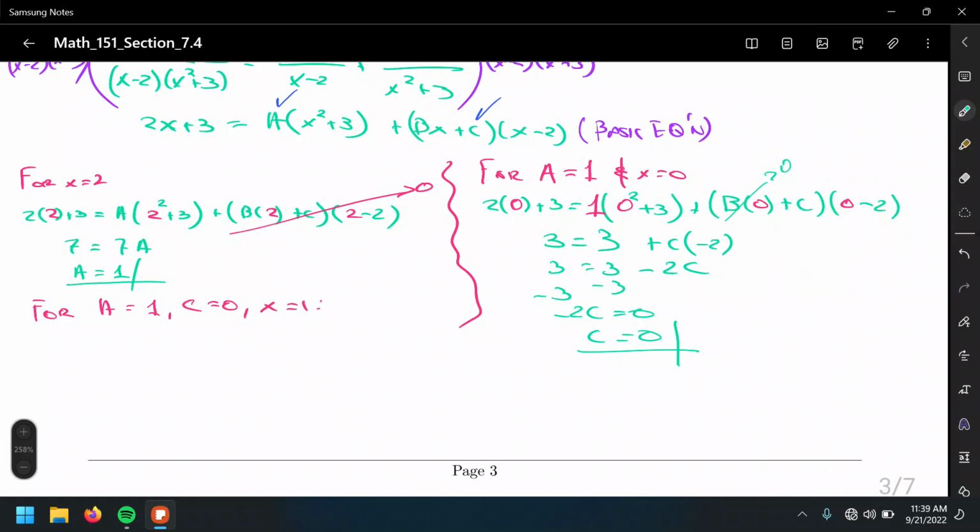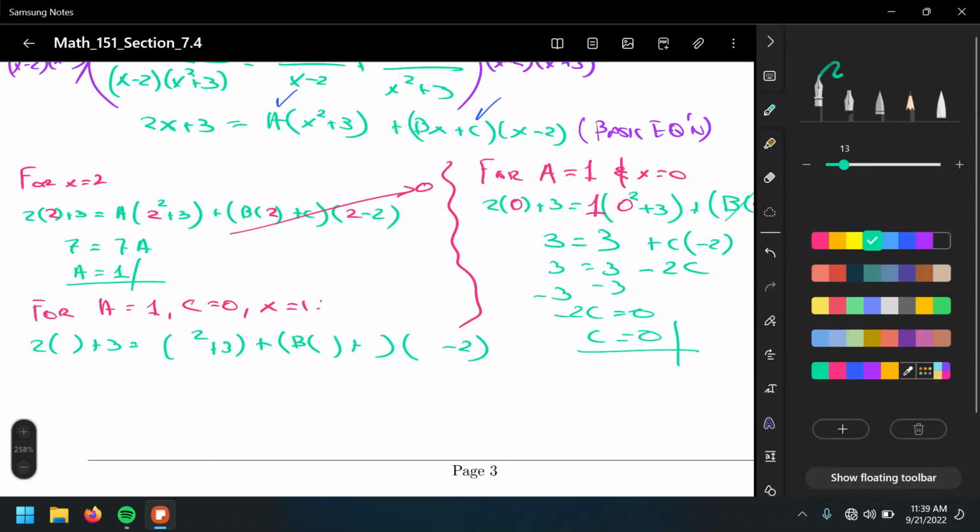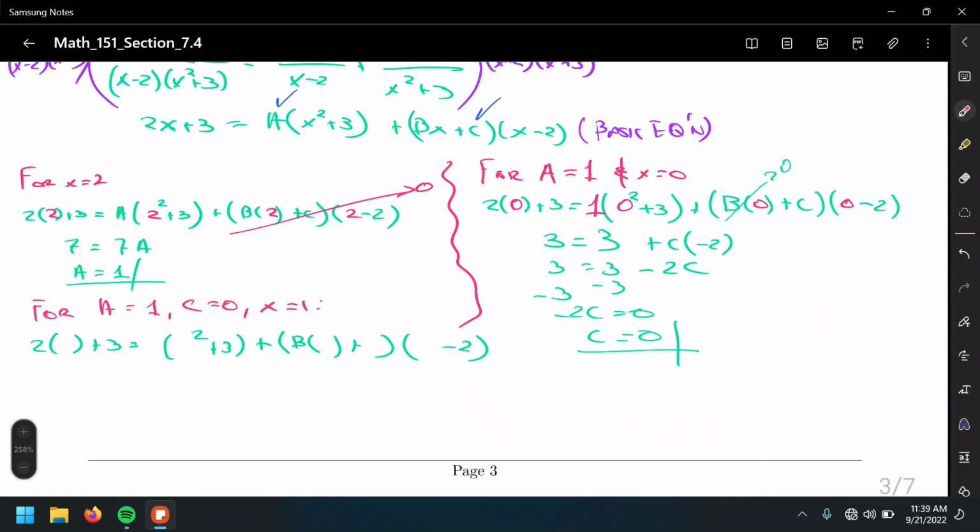So for x, 2 times 1 plus 3 equals a, which is 1, times 1 squared plus 3, plus b, which we want to know what that is, times x, which will be 1, plus c, which we know, times x minus 2, which is 1 for x. So let's write them down. So 2 times 1, 1, 1, and 1. And for a, which equals 1, c equals 0. All right?